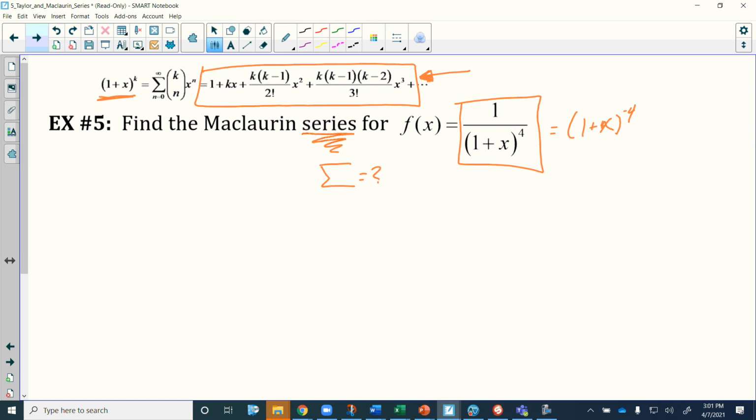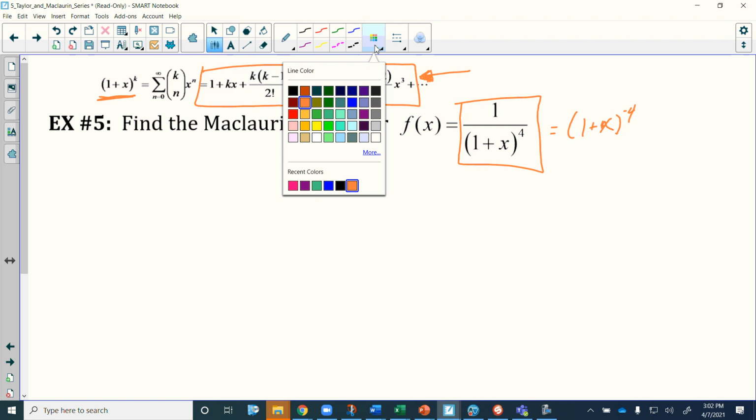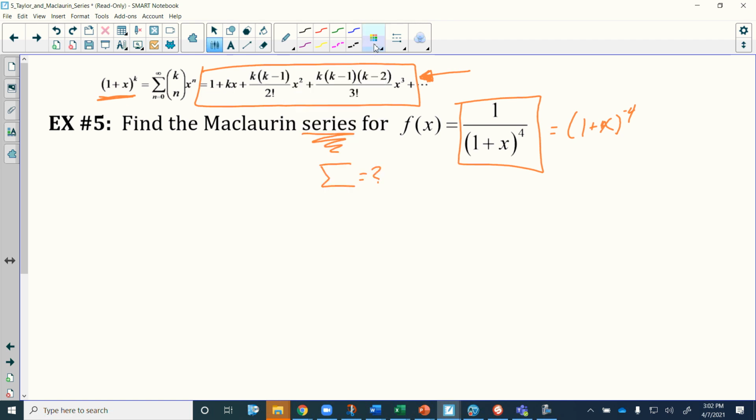So here, and again, I'm just putting this here in case anybody needs to see it, so you don't have to rewind or flip back. Based off the expression that we have, where it says 1 plus x to the k power, in this case I'm going to get 1 plus x to the negative 4th power, and it's going to be equal to this series.